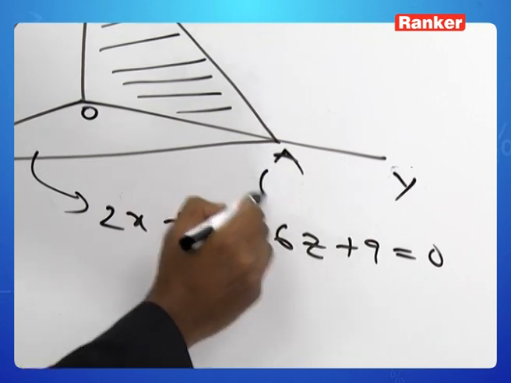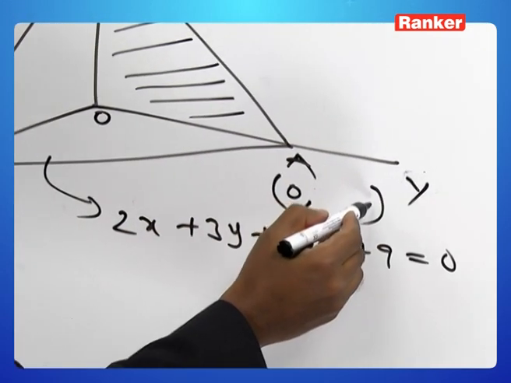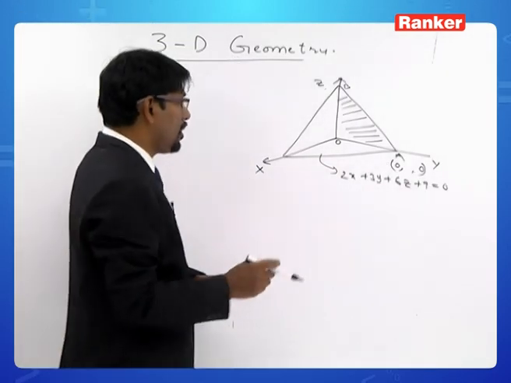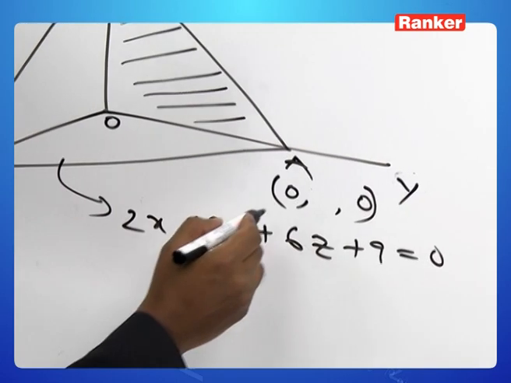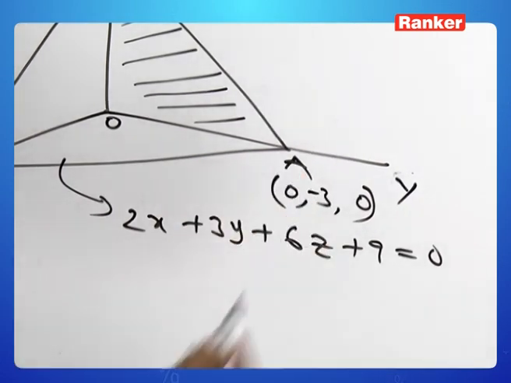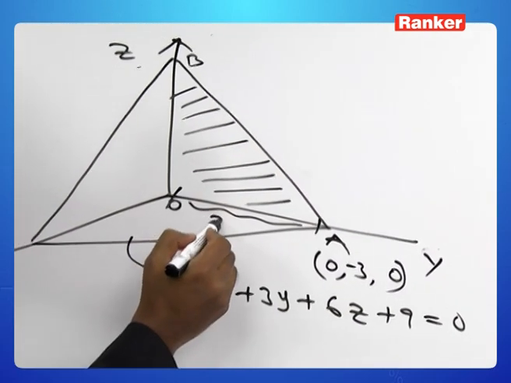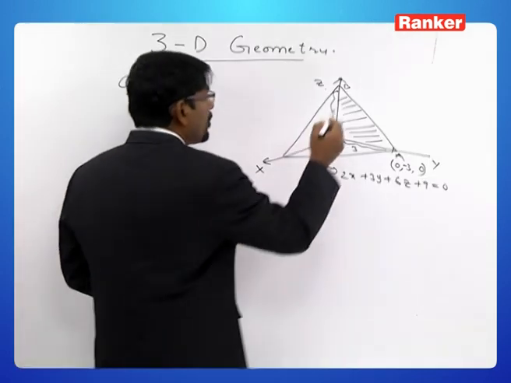I put x equal to 0 and z equal to 0 here, because on the y-axis the x and z coordinates are both zeros. So if I put x equal to 0 and z equal to 0, then what do I get? 3y plus 9 is equal to 0. So that makes it minus 3. So this length as such will be 3 units. What about this?